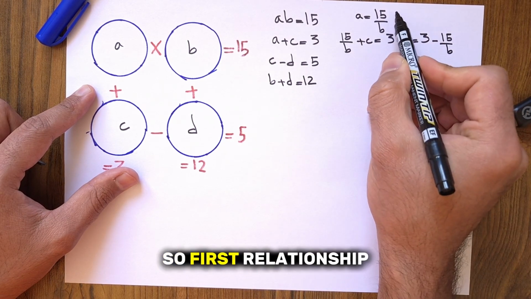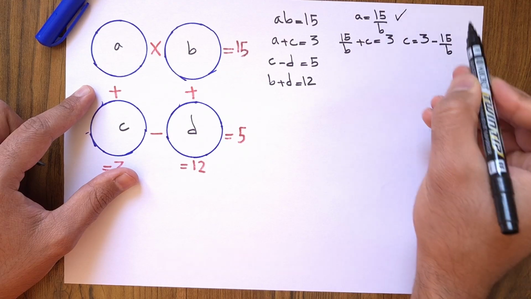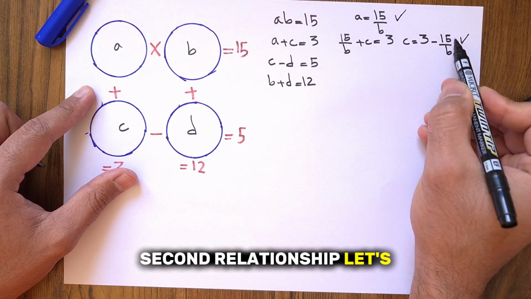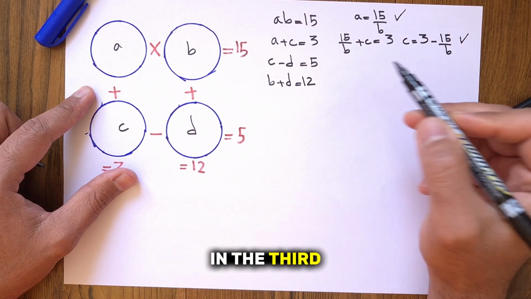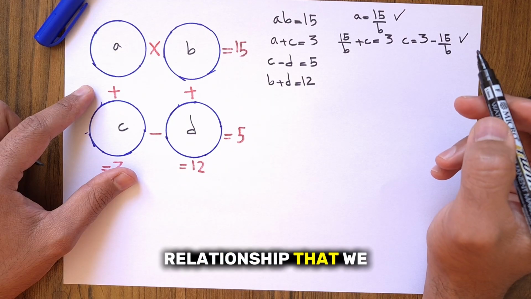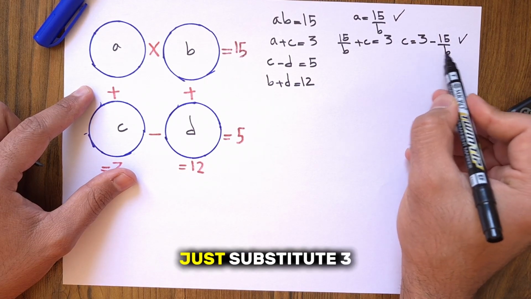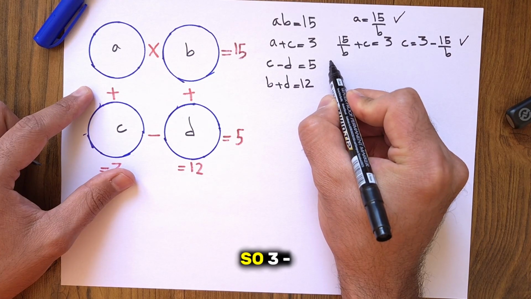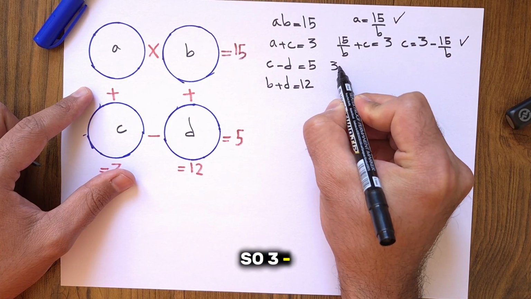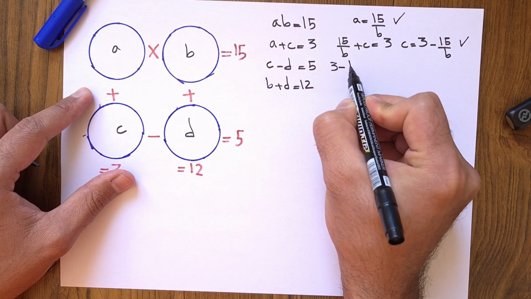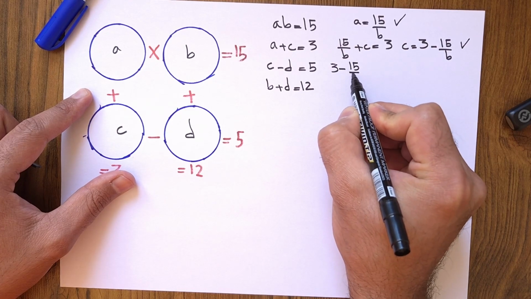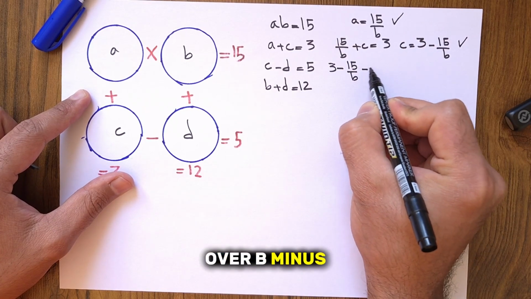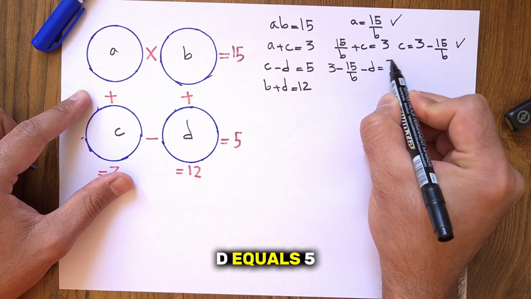Okay, so first relationship, second relationship. Let's now put it in the third relationship that we found. Instead of C, we substitute 3 minus 15 over B. So 3 minus 15 over B minus D equals 5.